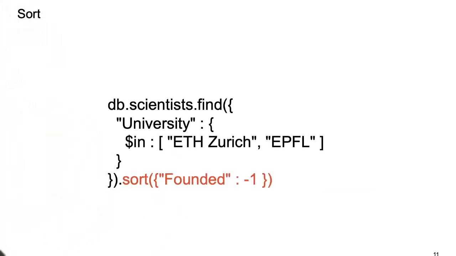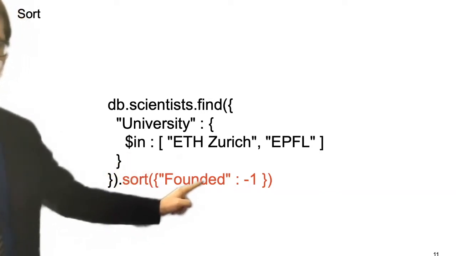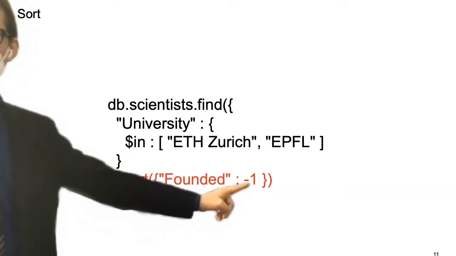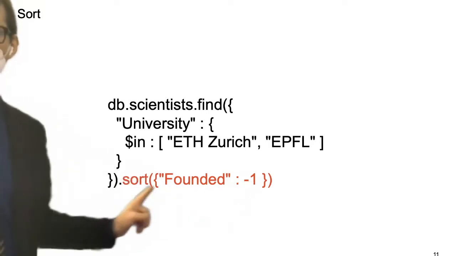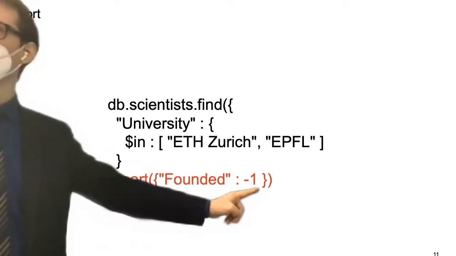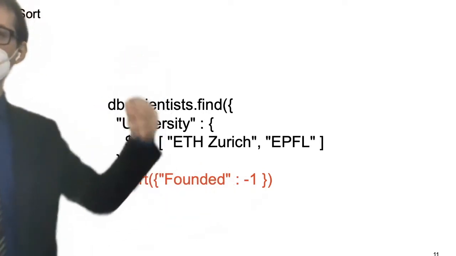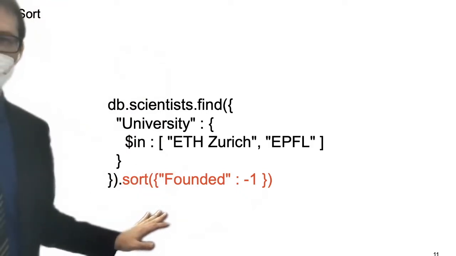Okay. What else do we have? We can also sort the output. So for example, if you want to sort by the foundation year, found it, 1 is for increasing, -1 is for decreasing, right? So here we sort by this field, found it, in a decreasing fashion. So first, the recently founded universities, and then we go to the older and older and older ones.